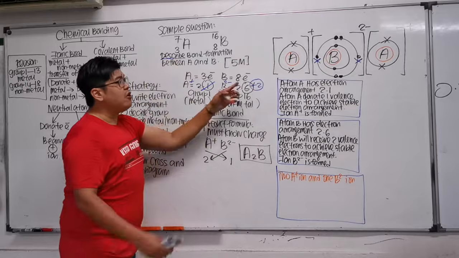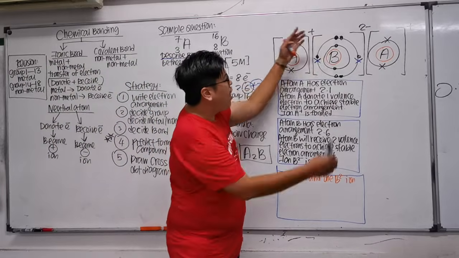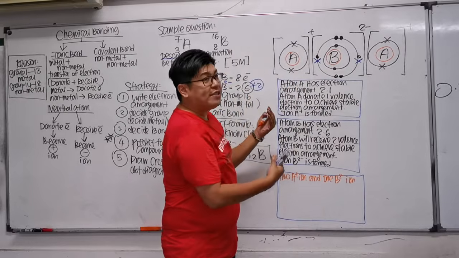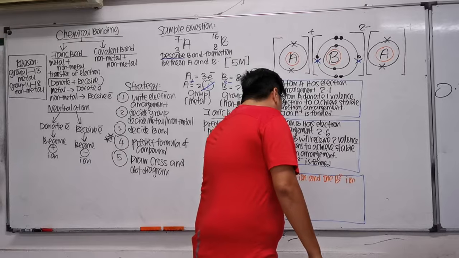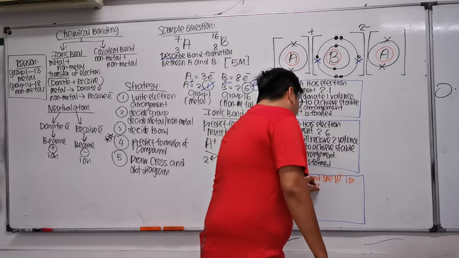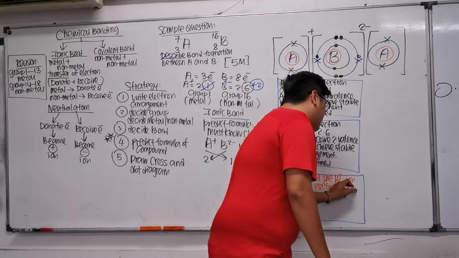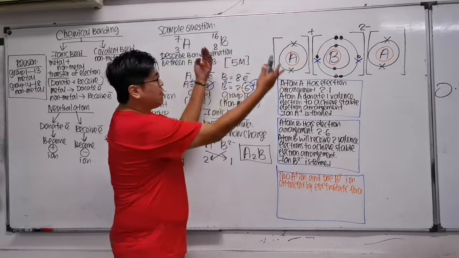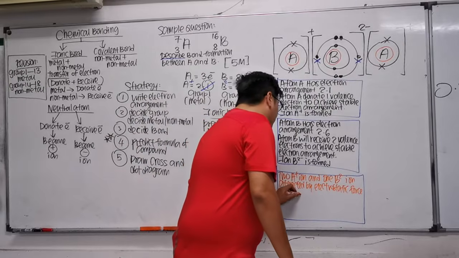All these ions, they attracted to each other, guys. When there is positive and negative, opposite charge attract. This force is called electrostatic force. So the ions are attracted by electrostatic force. Opposite charge, the force is called electrostatic force. So electrostatic force attract them together, they will go to form ionic bond.